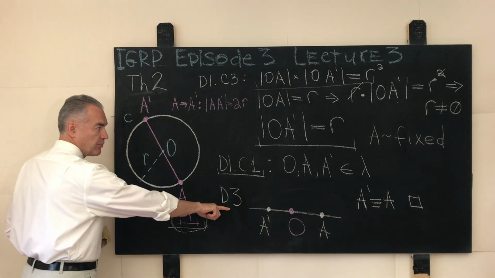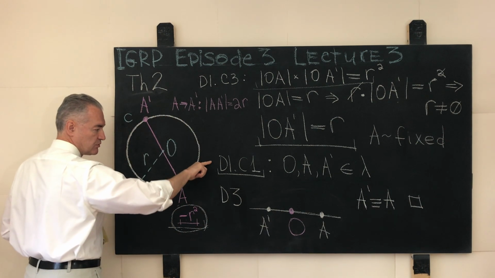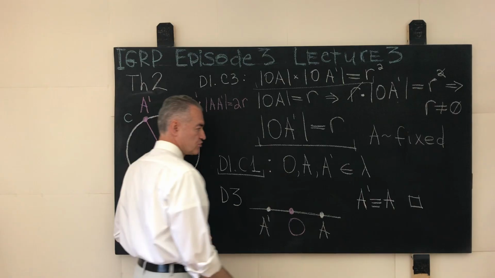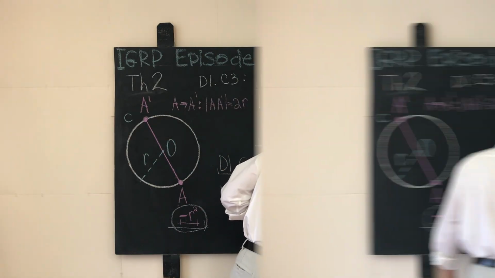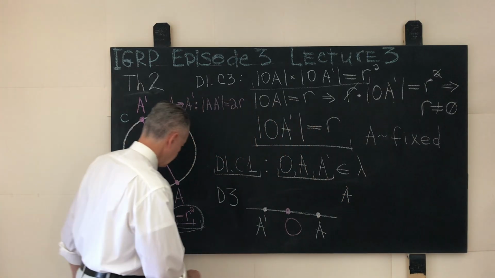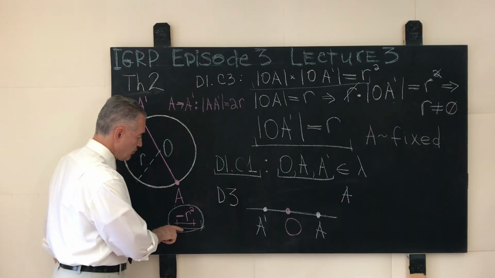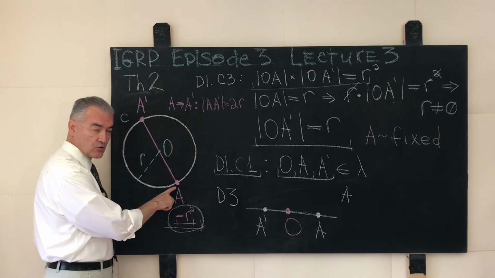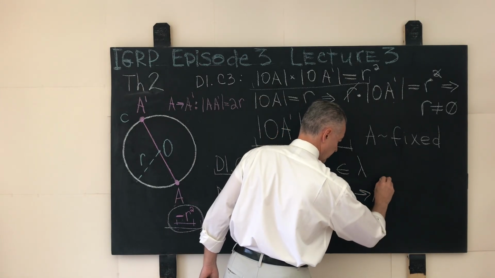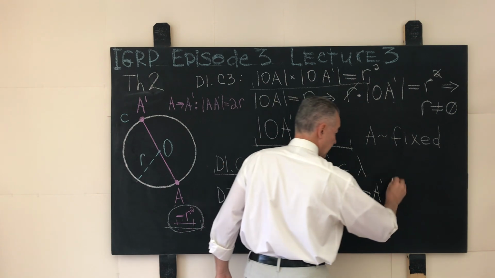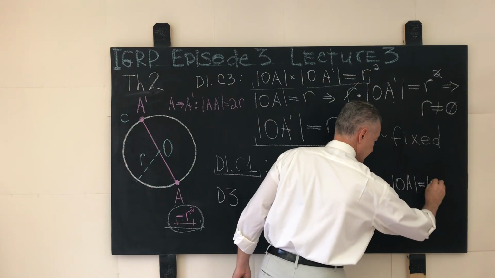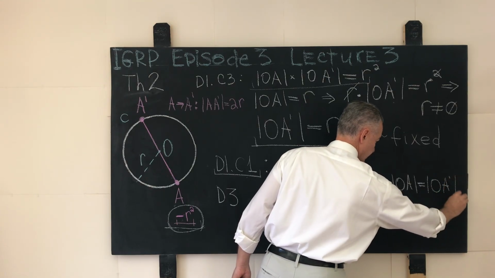With the third fact, combining fact number 1, number 2, and number 3, what conclusion do we draw? That is precisely the conclusion that we draw, that in the case when the power of inversion is negative, our sample point that is located precisely on the circle of inversion is taken into its image point A prime such that the distance from the center of inversion to the pre-image point is exactly the same as the distance from the center of inversion to the image.